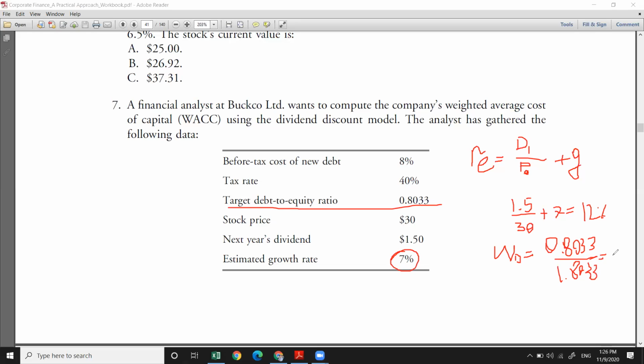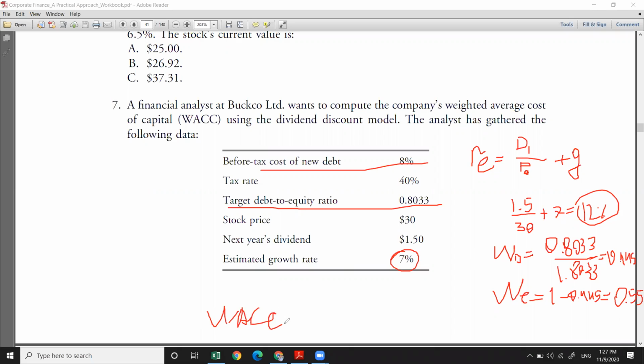That would give you the proportion of the debt, 0.445, and proportion of equity is 1 minus 0.445, or there's another way of getting it, which is 0.55. Now we know the proportion of debt and proportion of equity. We know the cost of debt and cost of equity. Now we need to just substitute everything into the formula.